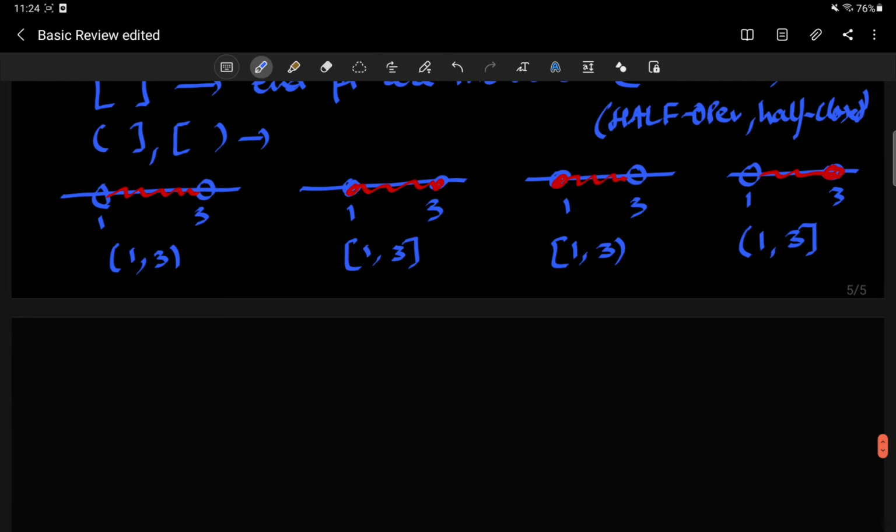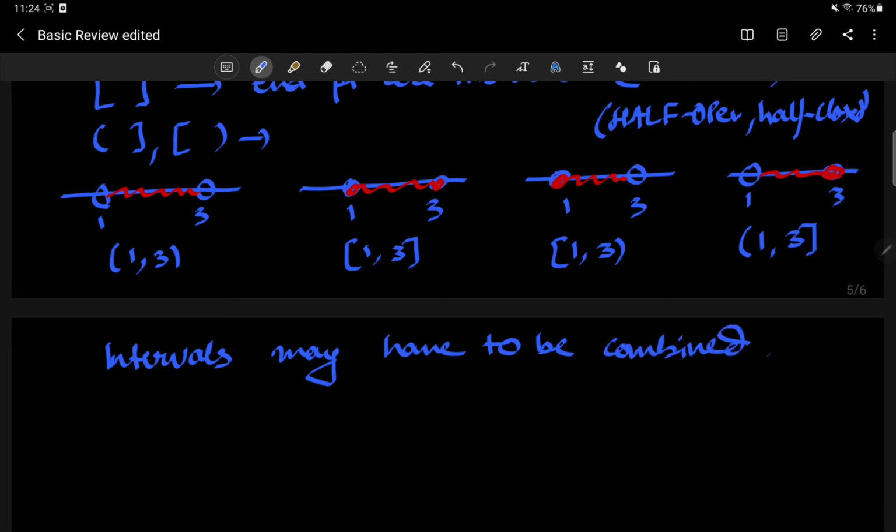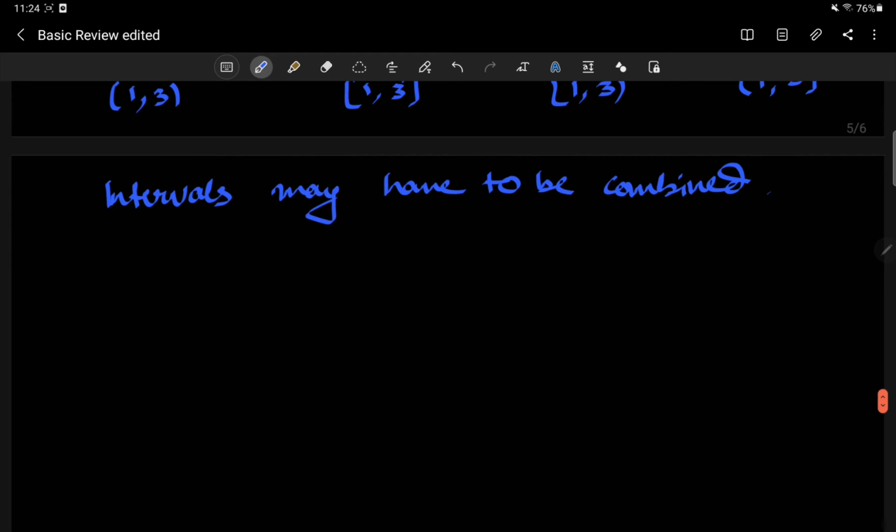Now, sometimes intervals may have to be combined. Okay, what does that mean?